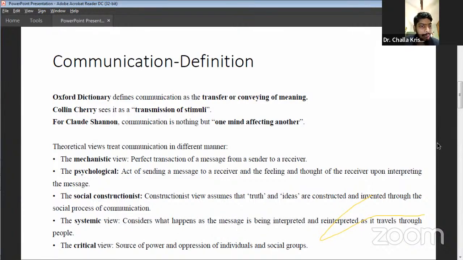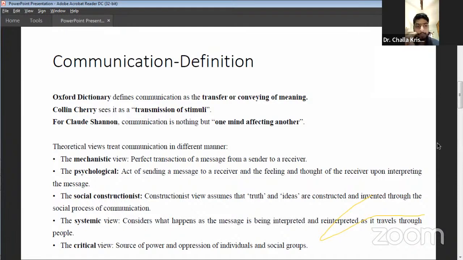Theoretical views treat communication in different manners. There are different theoretical views, and I want you to understand each of them. The first theoretical view is mechanistic. The mechanistic view talks about perfect transmission of the message from the sender to the receiver. It just says that the message is perfectly transferred.